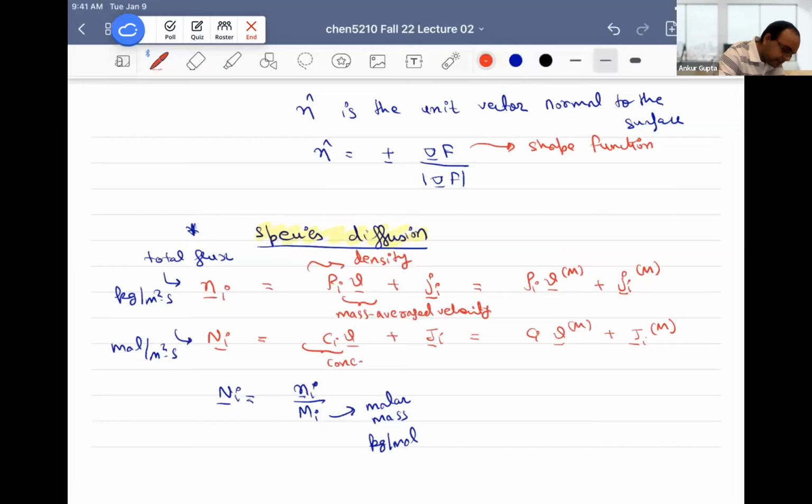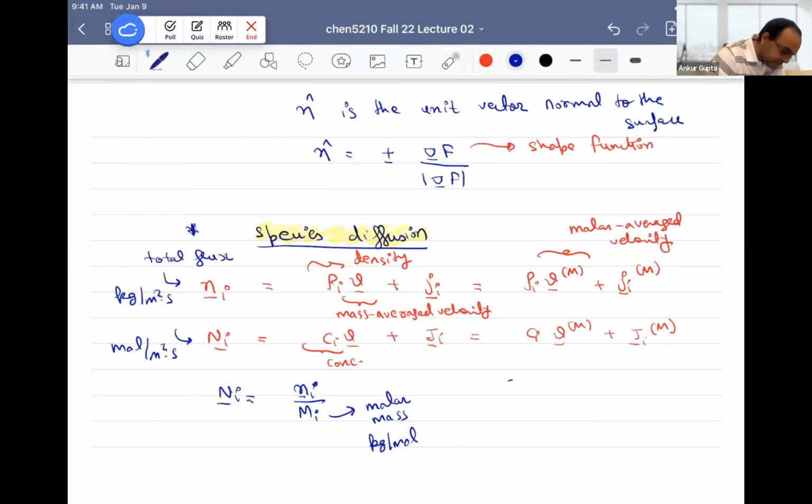And Vm is the molar average velocity. Any questions on these definitions of V, Vm? I'll come to the definitions of capital Ji in a second. Any questions on the definitions till now? Okay, let's keep going.